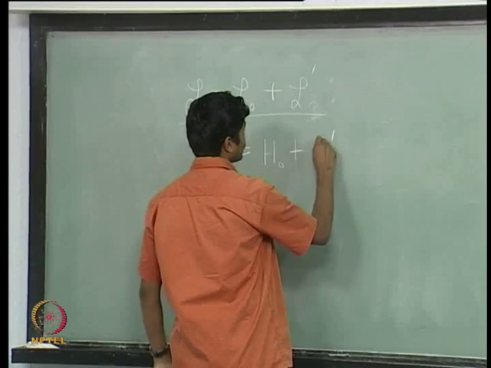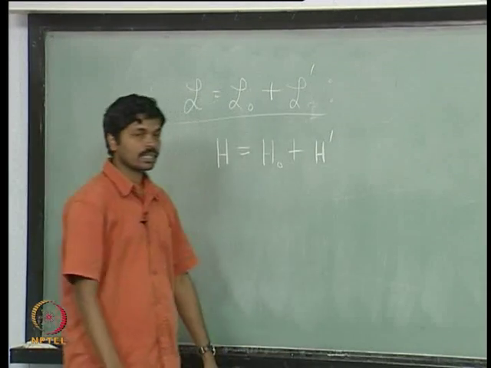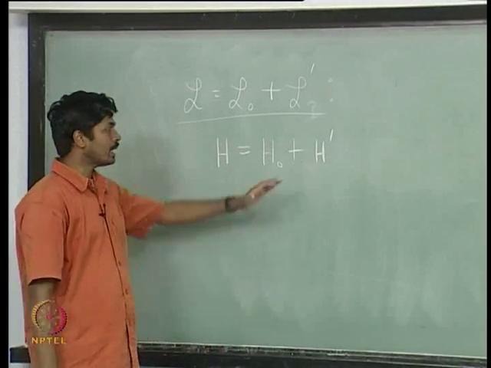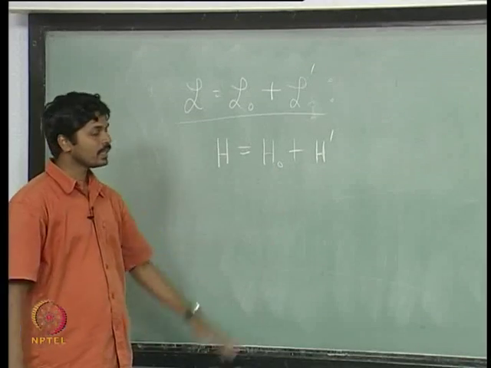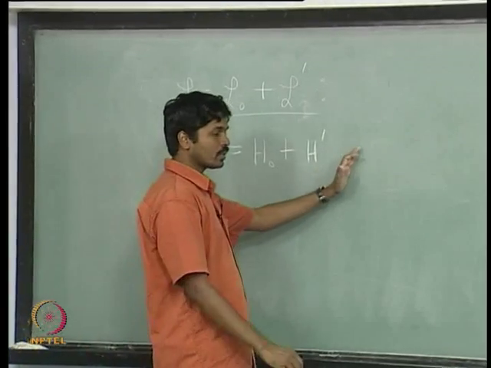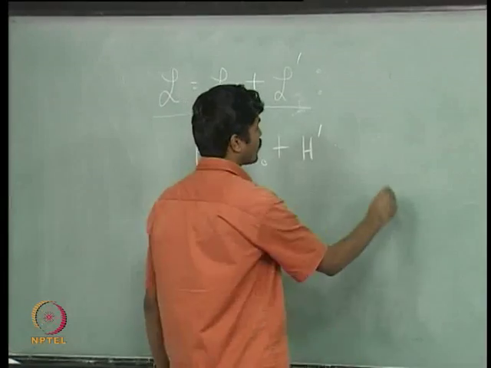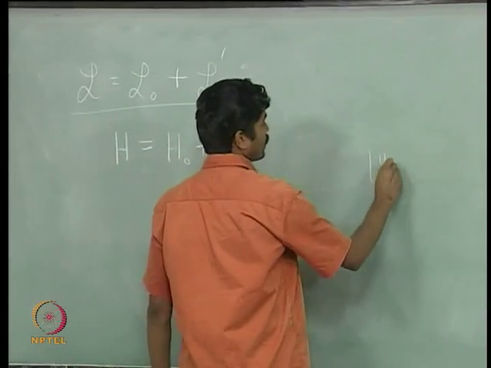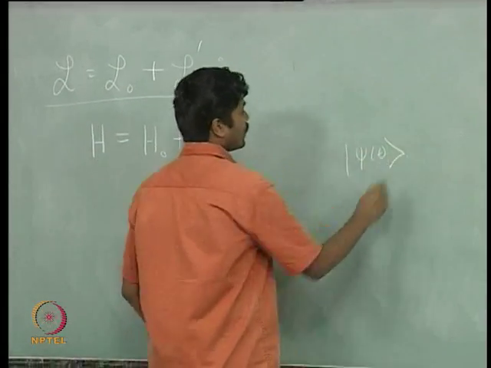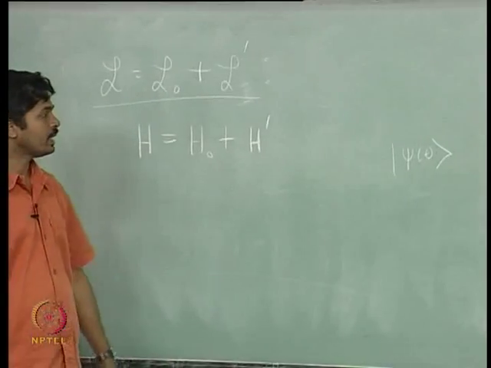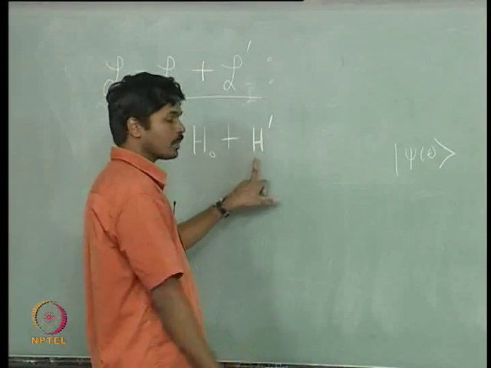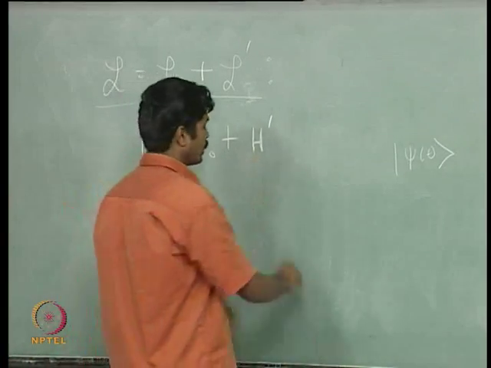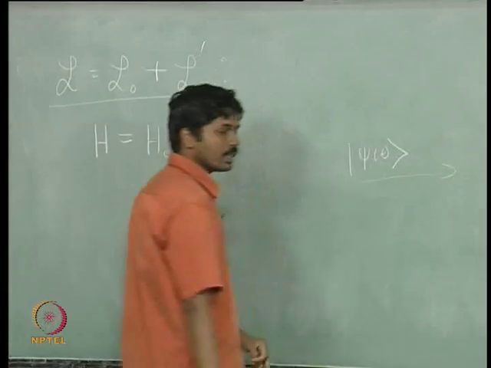So, our task is to quantize such an interacting theory, to find the spectrum, and then the question that we would like to ask is, suppose you have a state psi of t at some time t in presence of such an interaction, what is the evolution of such a state?